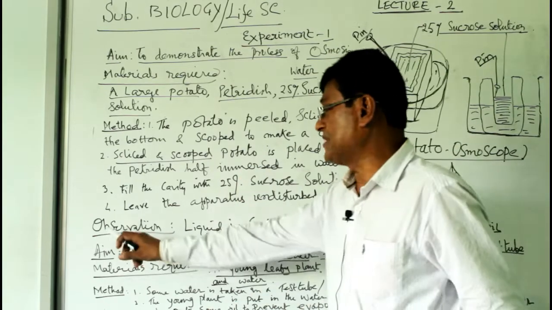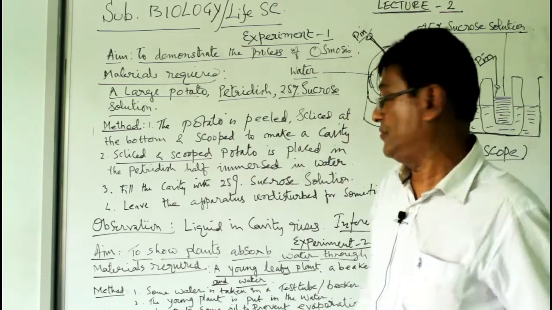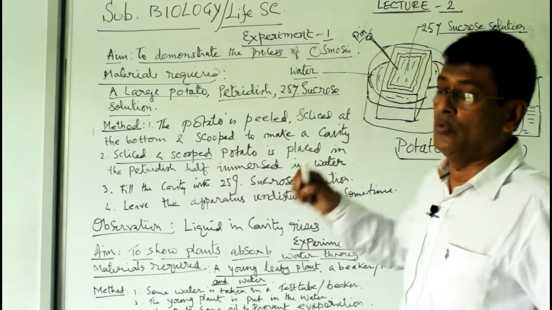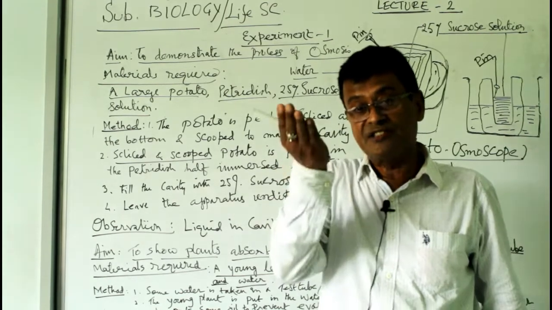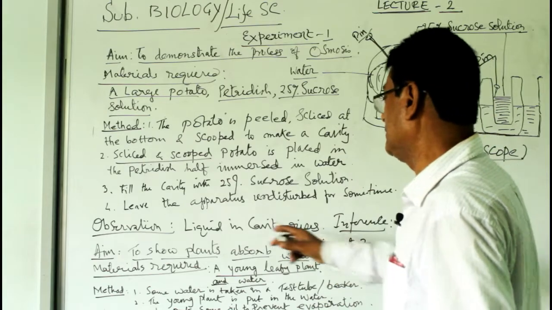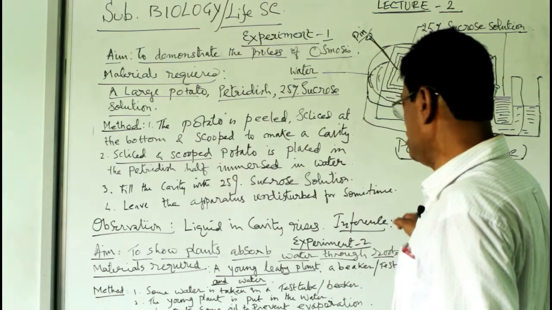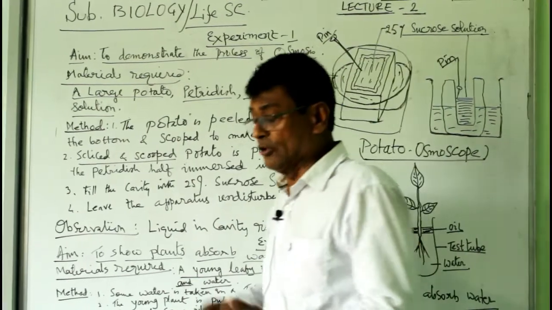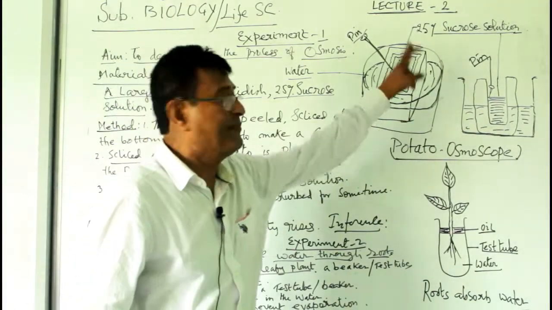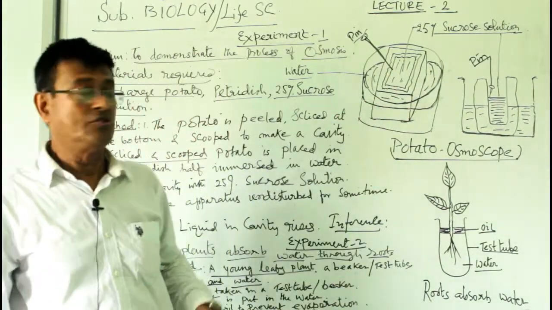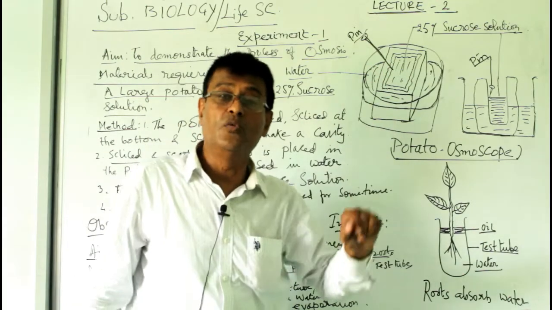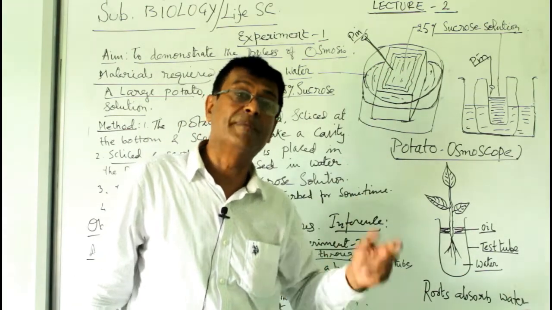Well, observation, what are you going to observe, children? The liquid in the cavity rises. What was the level? It will be rising. Why is it rising? Now the concentration of water is more outside. The 25% sucrose solution is less concentrated in water molecules than the water in the surrounding medium.